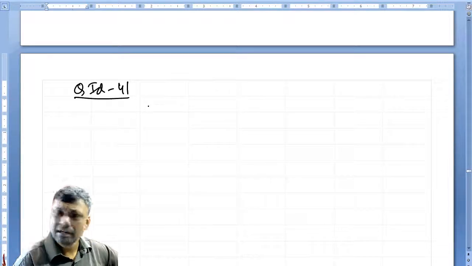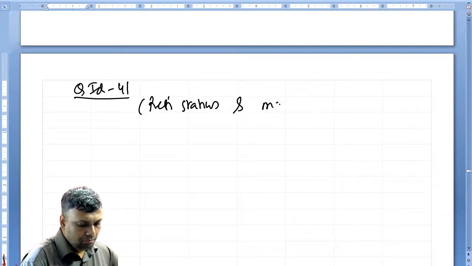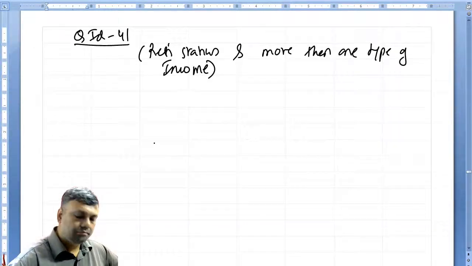I'll just give a title for your understanding, friends. This is residential status and more than one type of income. Okay.